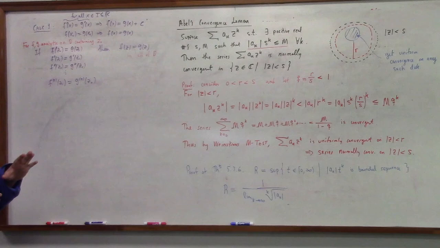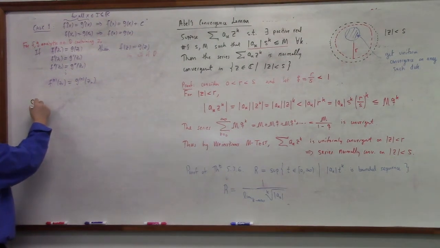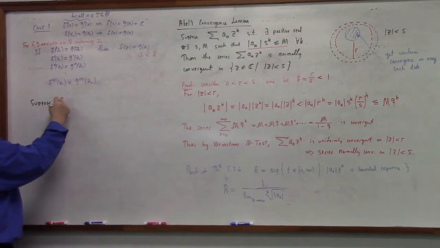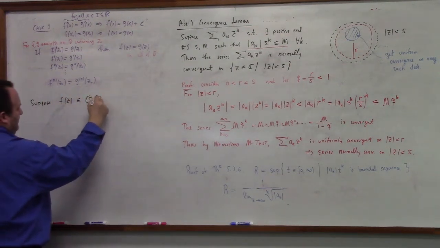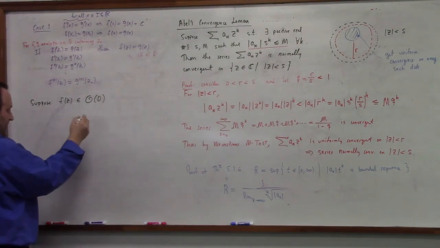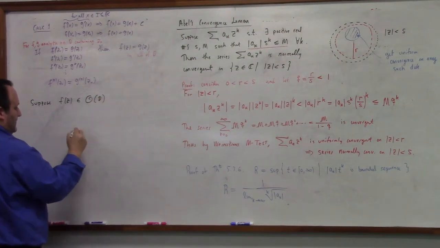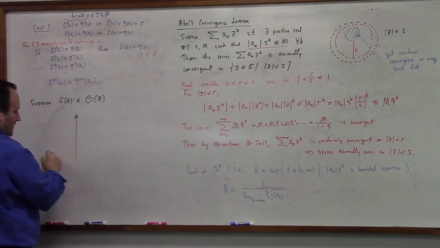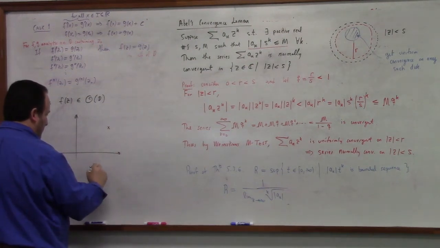Suppose you draw a picture. f of z is holomorphic on D, right? But D is missing some things. So here's a picture. Maybe D is missing this point and this point, right?